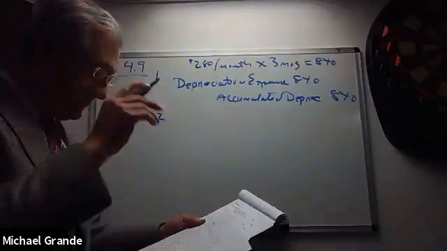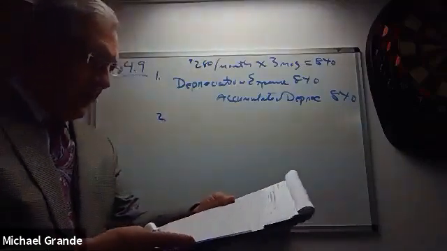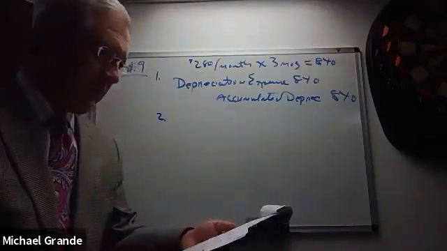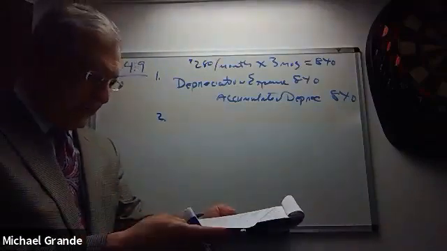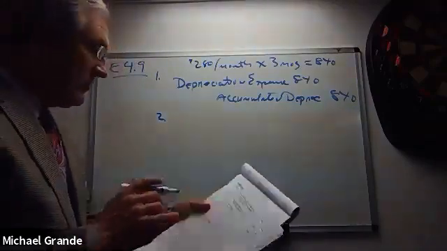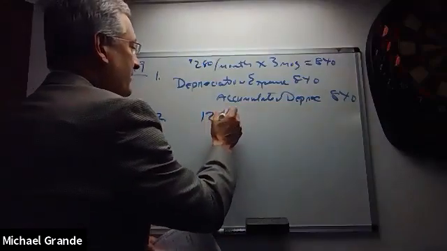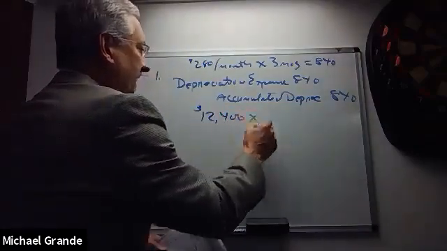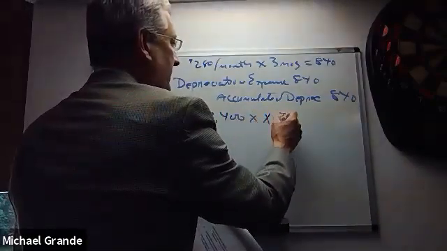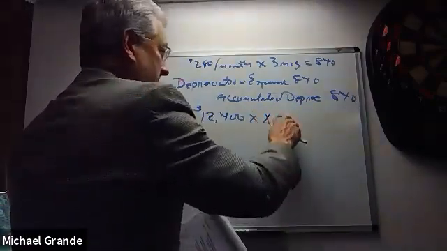Second item, it says half of the unearned rent revenue was earned during the quarter. So when we look at the trial balance, we have unearned rent revenue of $12,400, and they say half of it has been earned, times 50%.